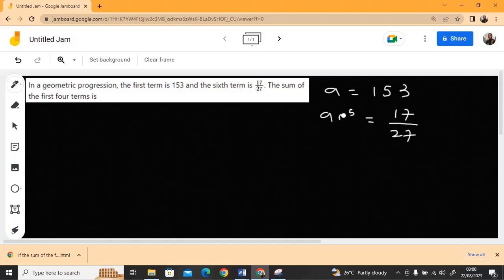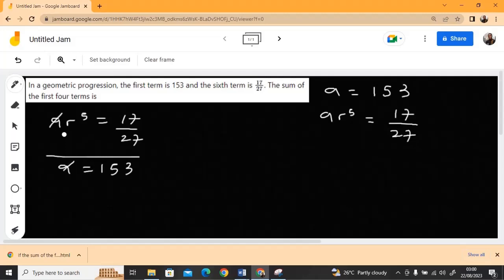You know what I told you earlier? You just divide this by this. So a r raised power 5 equals 17 over 27. Showing you some shortcuts. Then a equals 153, and this a we cancel.